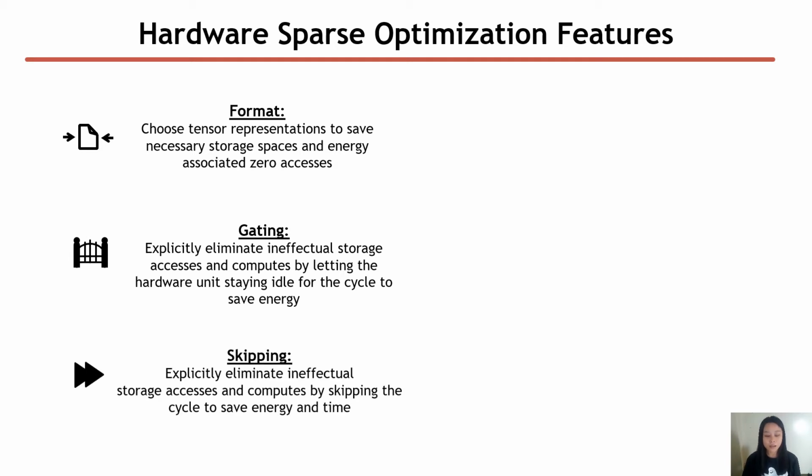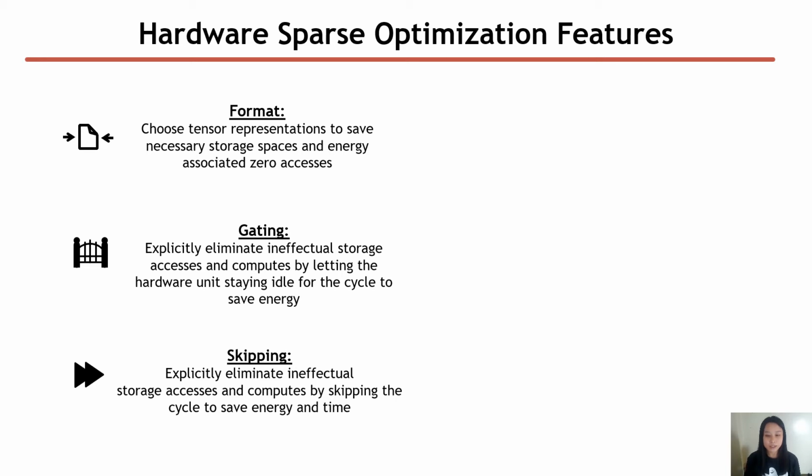The third one is called skipping. Skipping, similar to gating, is also an explicit elimination of ineffectual storage accesses and computes. However, instead of letting the hardware stay idle and spend the cycle, skipping actually skips forward to save both energy and time. These sparse optimization features might look simple at a high level.